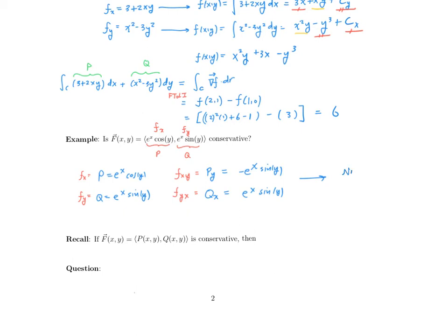So not conservative, because the partials p sub y and q sub x do not match up with each other. In general, if we have a conservative vector field, using the argument we've made above in red, that would imply that p sub y is equal to q sub x.